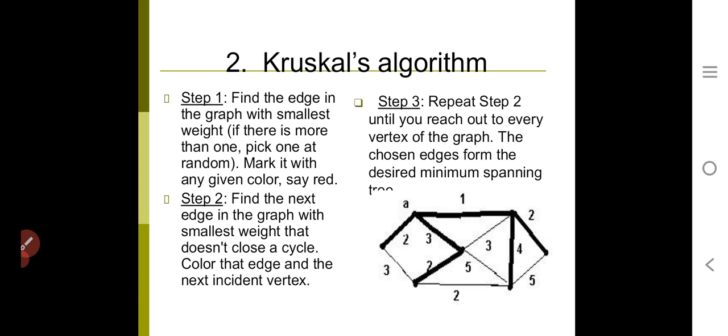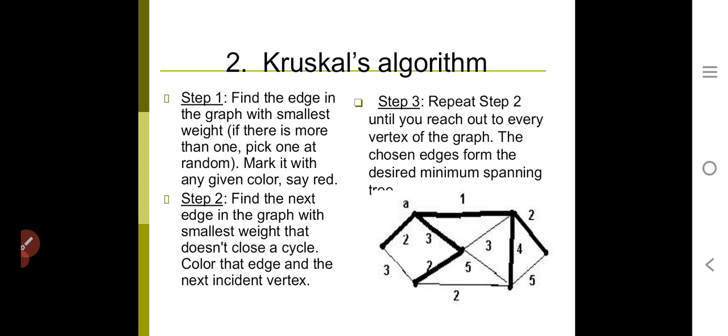First we find the edge in a graph with the smallest weight and color it. Then again we find the next smallest weight in the graph and give that edge another color, and we have one condition: the vertices or edges must not make any cycle.